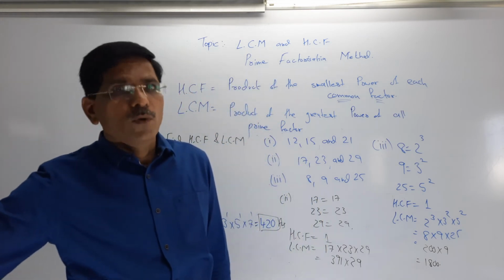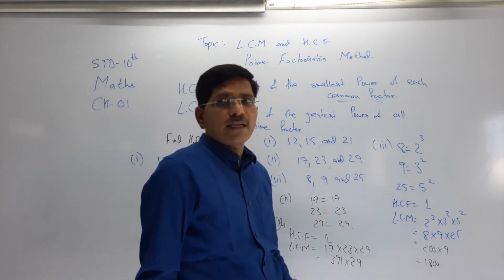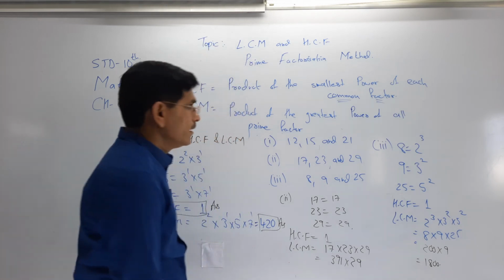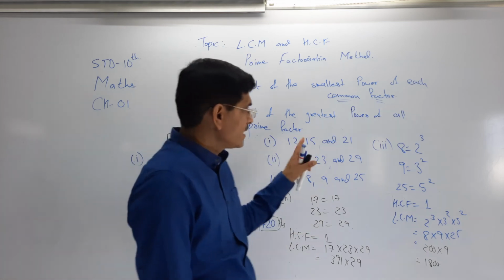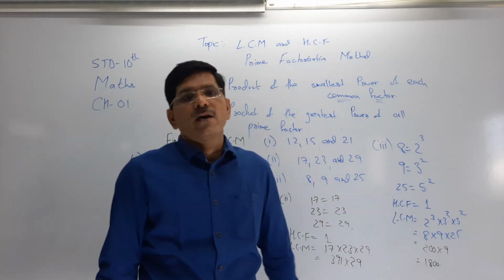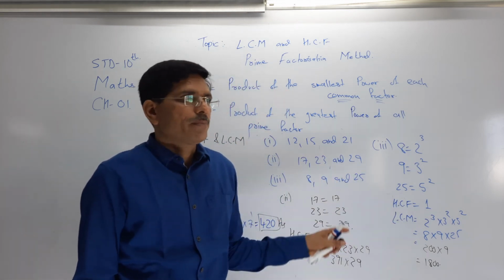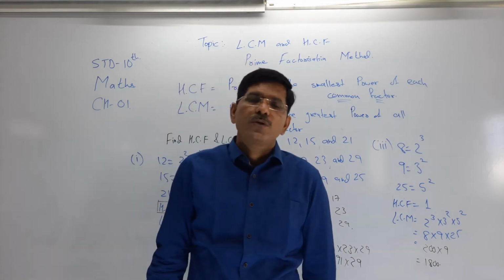Now one more topic that we have to discuss here: if HCF is given we can directly find out LCM, and if LCM is given we can directly find out HCF. But it is applicable for only 2 terms.